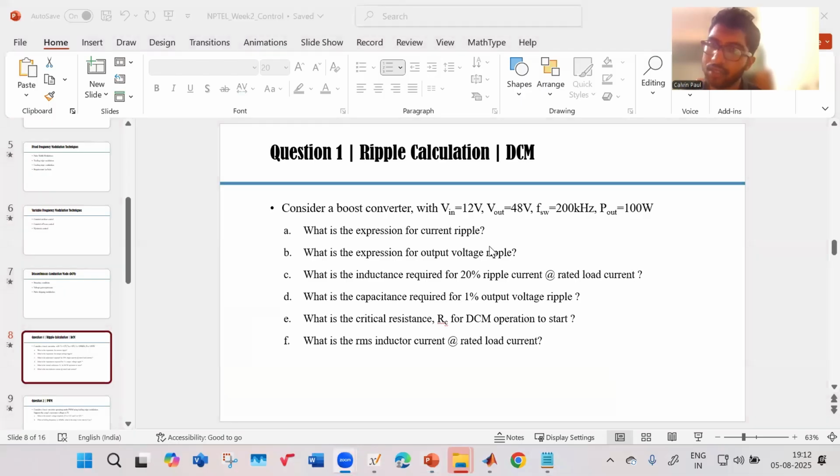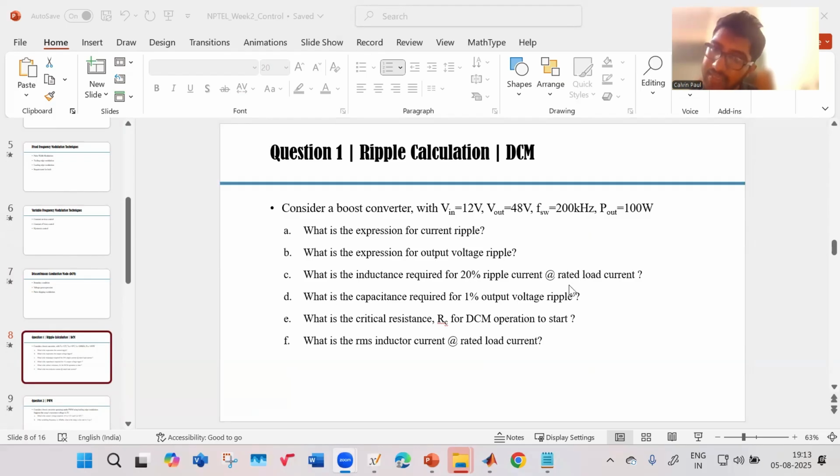What we did was we found the expression for current ripple, which is V in upon L into dt, because we are considering the inductor current is rising. Next, we saw the expression for output voltage ripple. This is also found during the on time: minus I output into dT upon C. D we wrote in terms of V in, V output, etc.